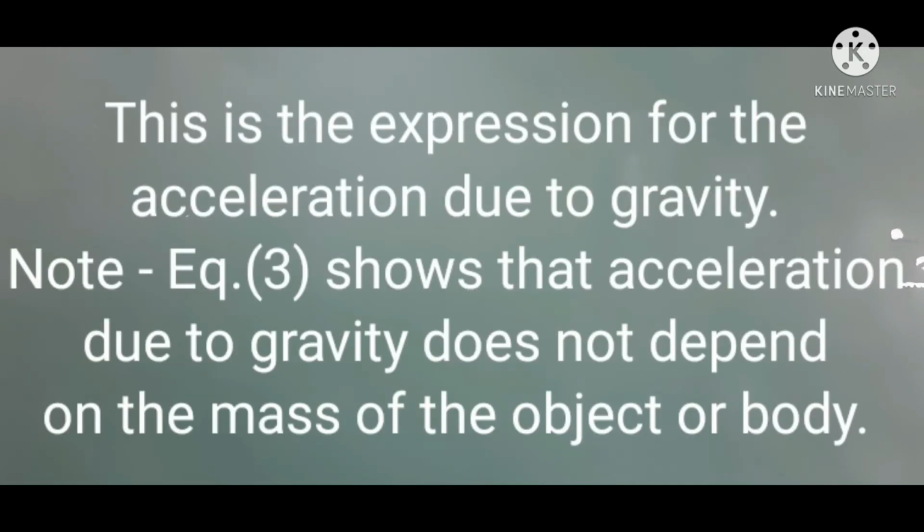This is the expression for the acceleration due to gravity. Here, one important note is equation 3 shows that acceleration due to gravity does not depend on the mass of the object or body.